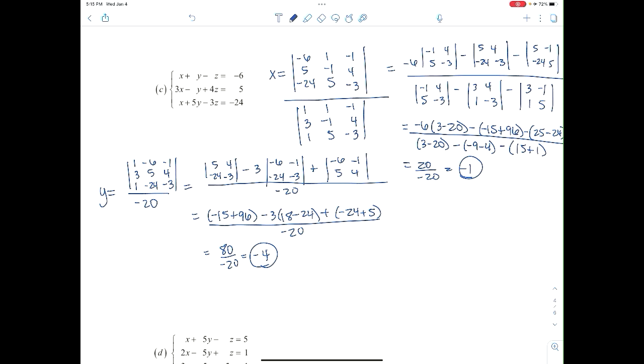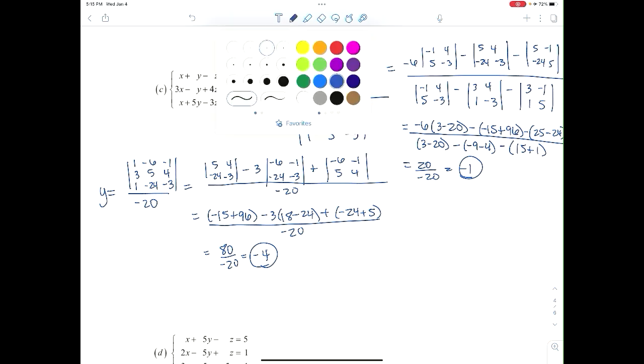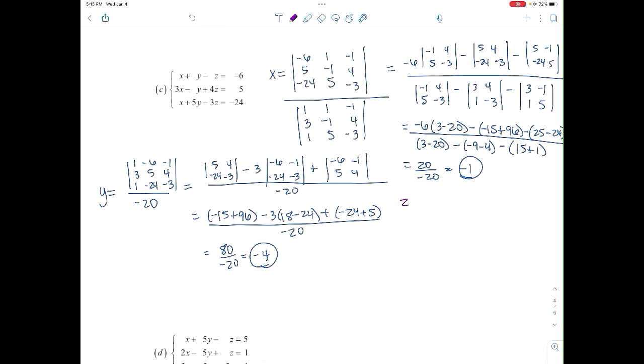And now we can do our z value. I'm going to do it in a different color, that way it doesn't get confused with other stuff. So z is the determinant 1, 1, negative 6, 3, negative 1, 5, 1, 5, negative 24 over the negative 20.